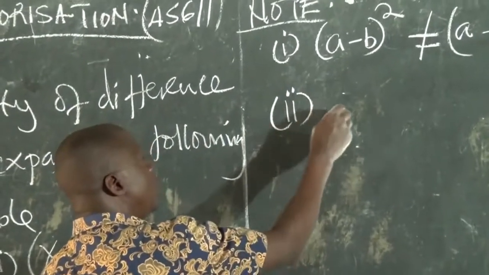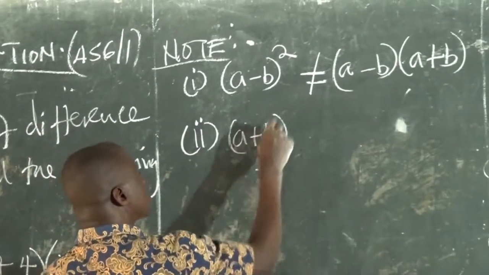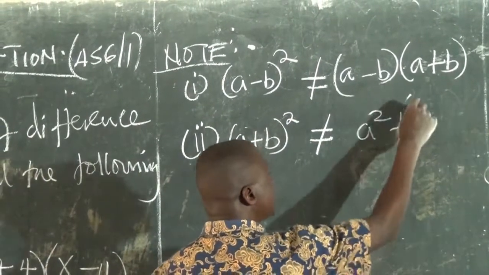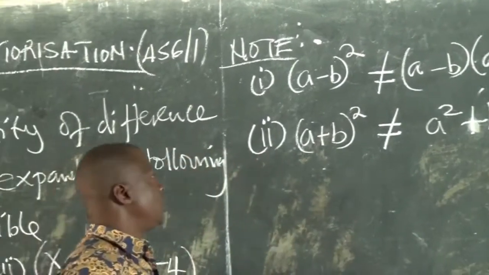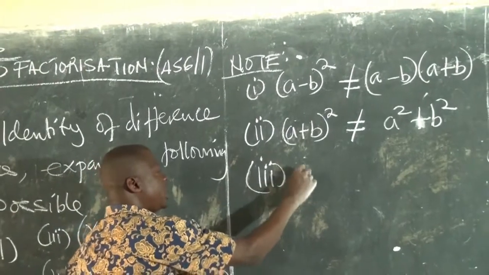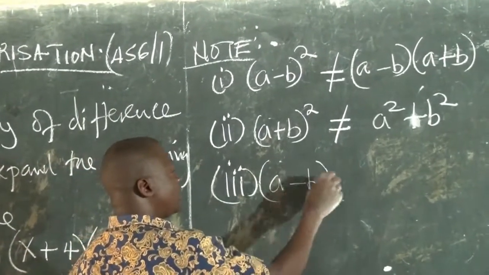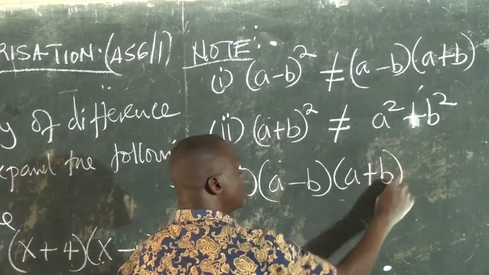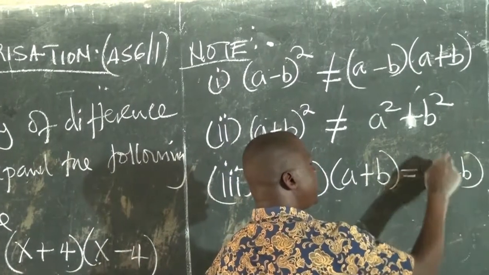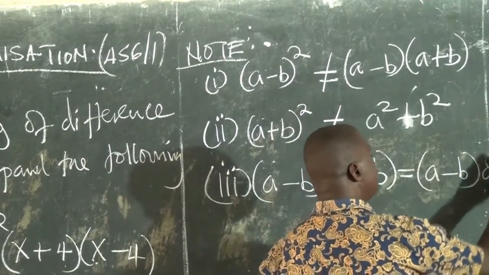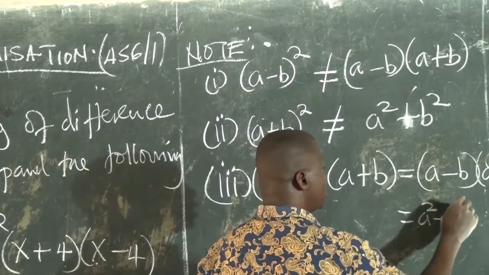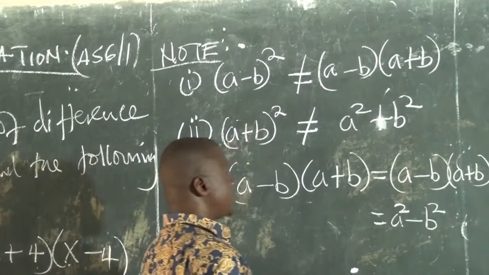Next, a plus b squared is not the same as a squared plus b squared. But we know this, that a minus b and a plus b is the same as a minus b, then a plus b, which gives a squared minus b squared.